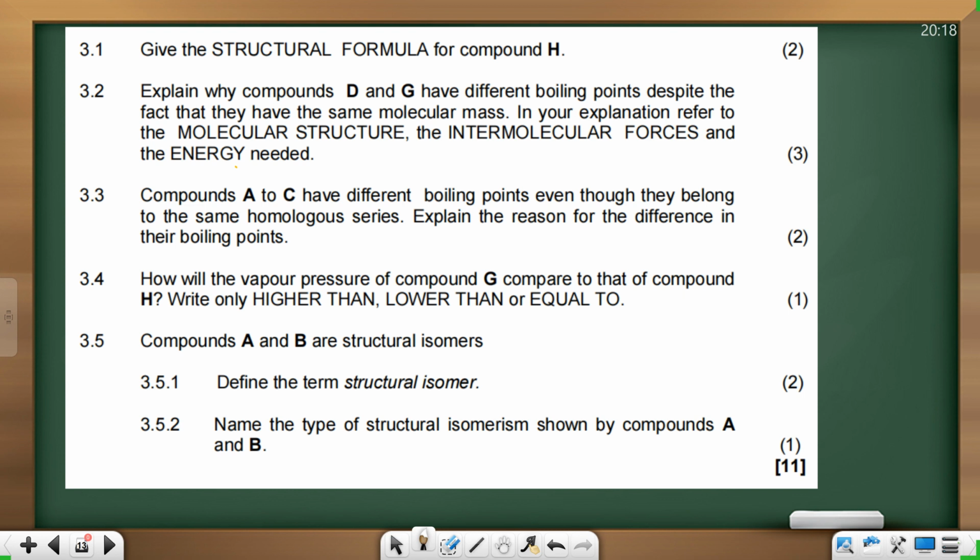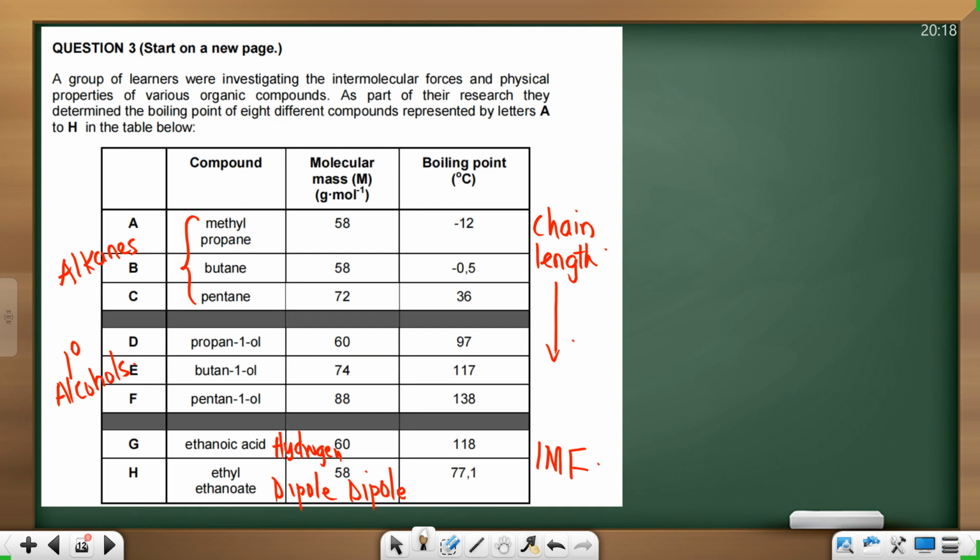In your explanation, refer to the molecular structure, intermolecular force, and the energy needed. D and G. Propanol and ethanoic acid. Despite the fact, what would your answer be?